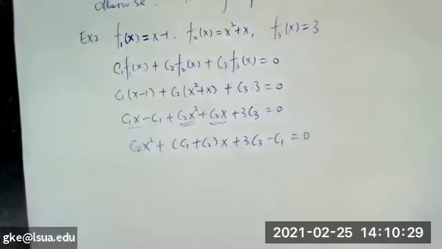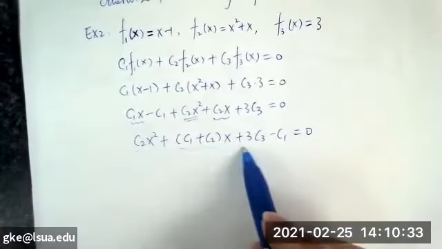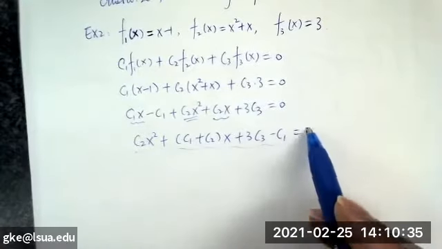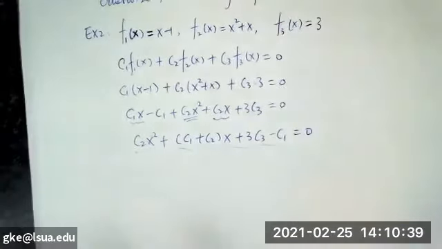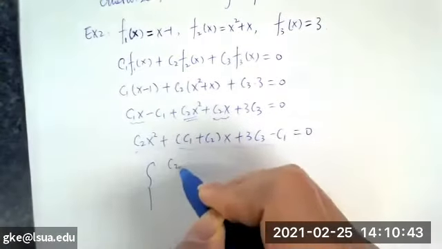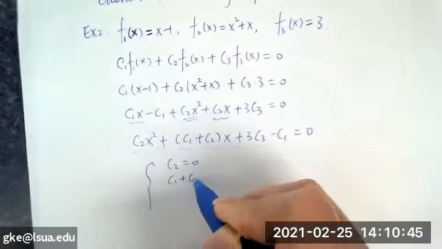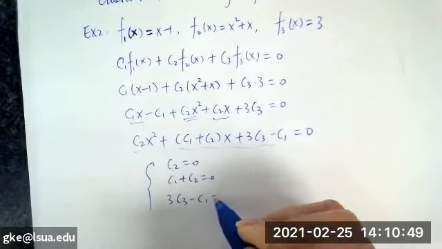Then, in order to let all this equation equal 0, that means the coefficients equal 0, right? That means C2 equals 0, C1 plus C2 equals 0, C3 minus C1 equals 0.